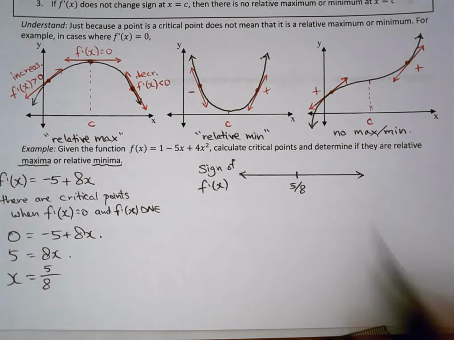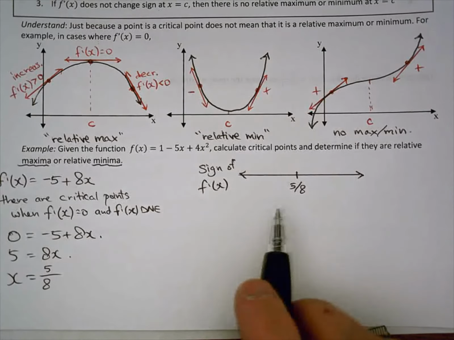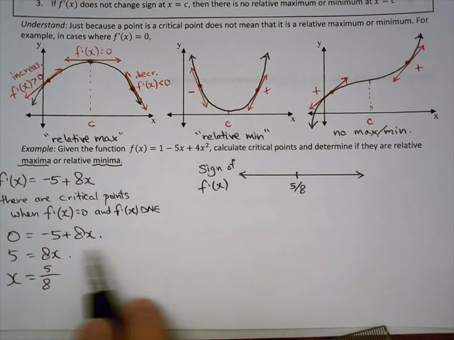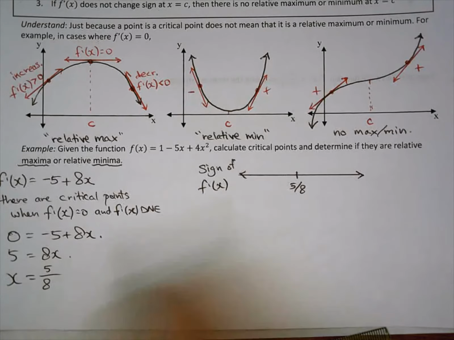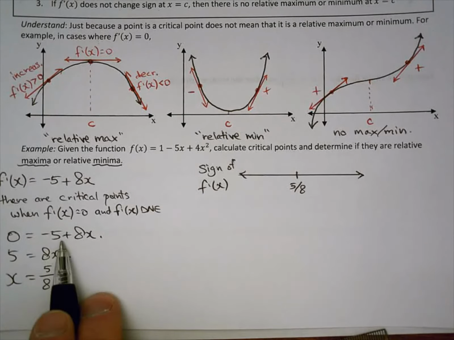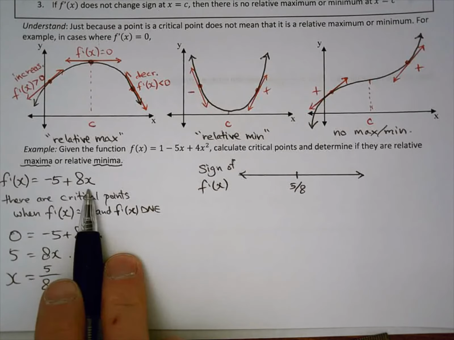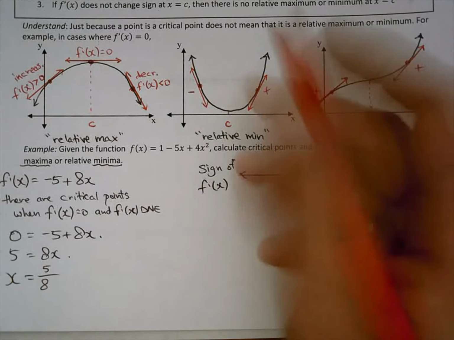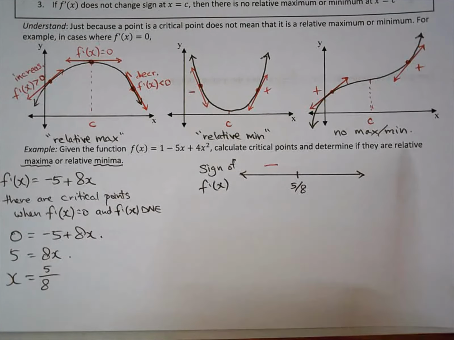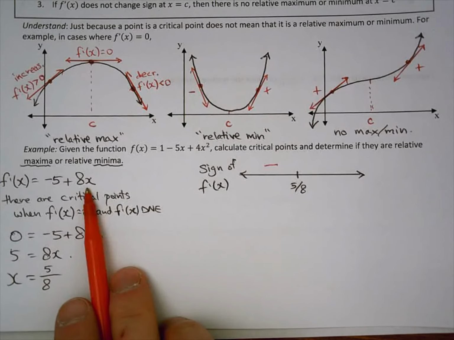Yesterday I showed you how to use a table. I am just going to show you that for this situation, it might be quicker to just sub in points. You can almost do it by inspection. For a number less than 5/8, like 0, that would give you a negative. And for a number greater than 5/8, like 1, that would give you a positive.